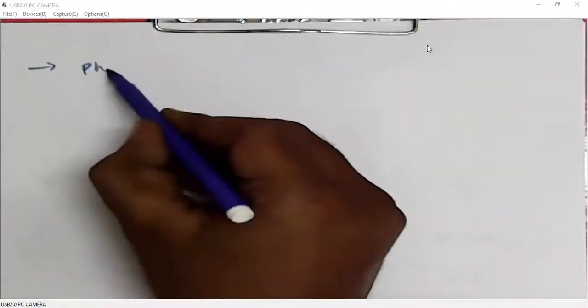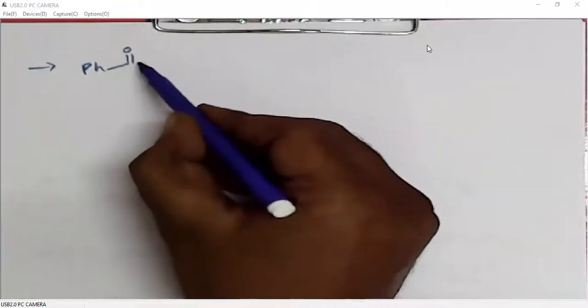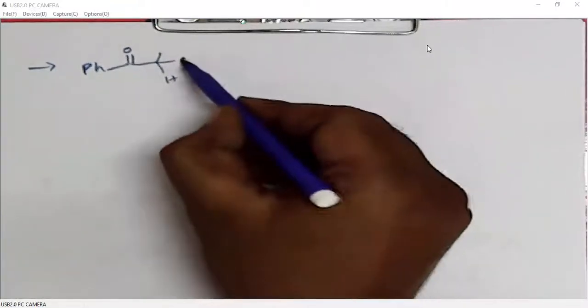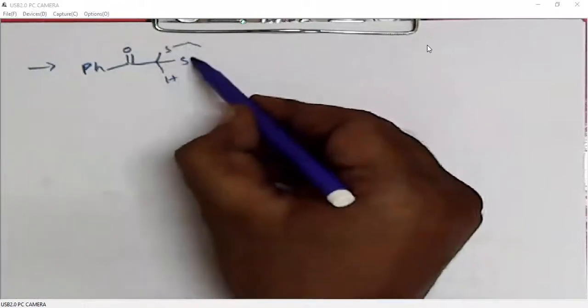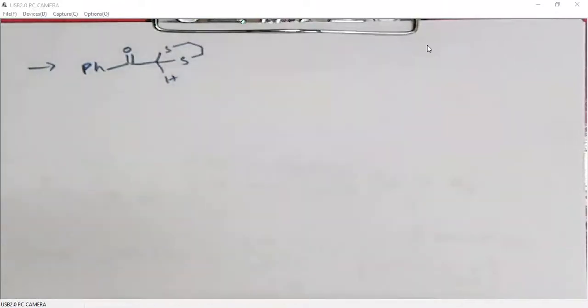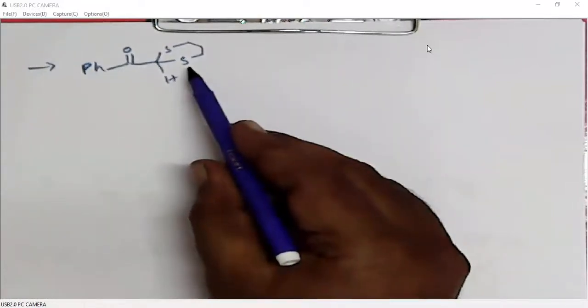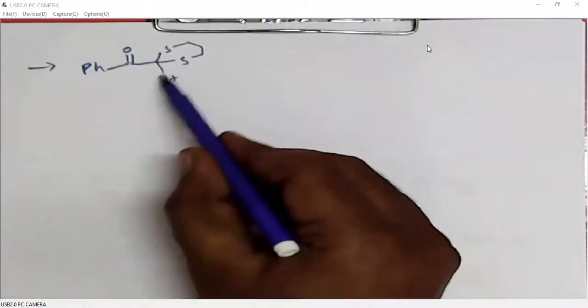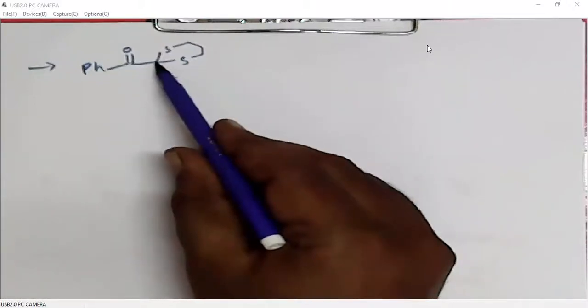In the next example, carbonyls can be protected as 1,3-dithianes. When we protect an aldehyde with 1,3-dithiane, it will reverse the reactivity of the hydrogen attached to the carbonyl carbon.